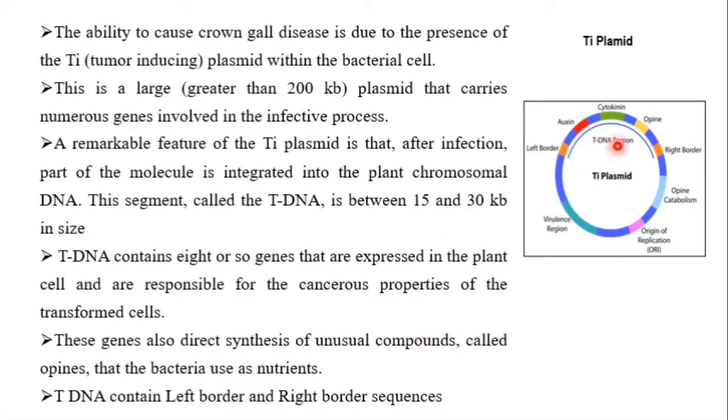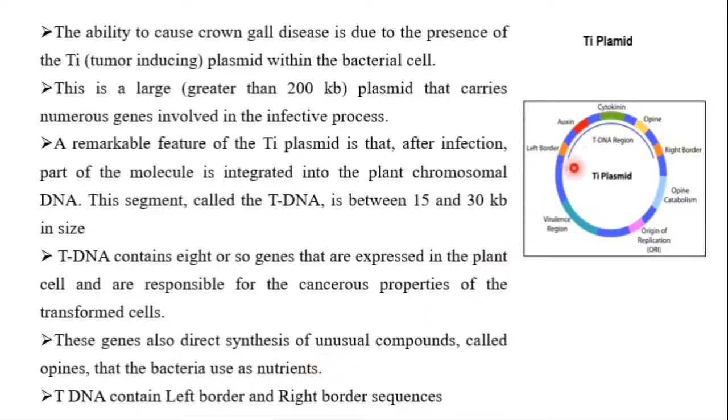When Agrobacterium infects the plant cell, the T-DNA genes will be transferred into the host cell, and at that time the opine gene produces opine, which the bacteria use as a nutrient.